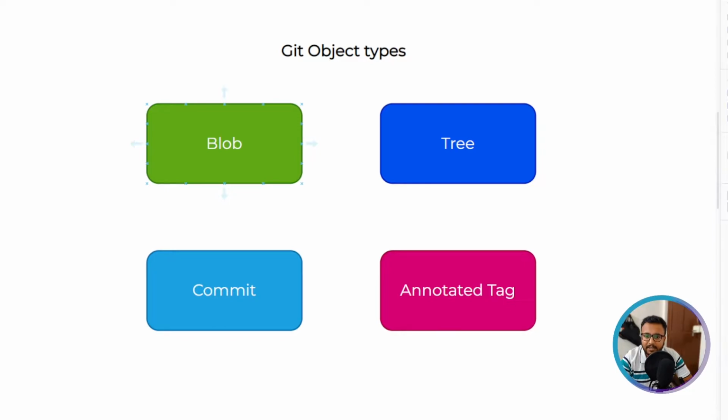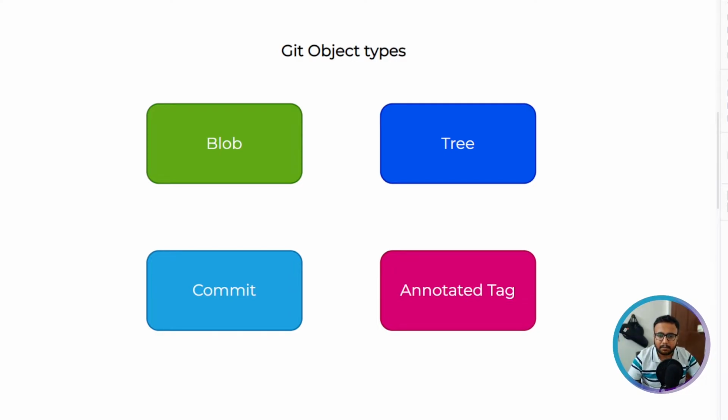Information about directories or folder names will be stored as a tree. Multiple trees can be a subset of one tree, and even multiple sets of blobs can be children of one tree. Coming to the commit object type, different versions of the file will be saved as a commit object type. An annotated tag is a text pointer to a specific commit. We will be concentrating mainly on the blob, tree and commit object types.